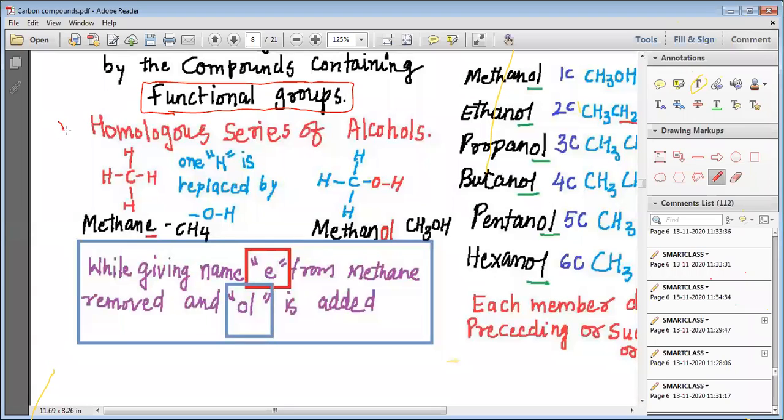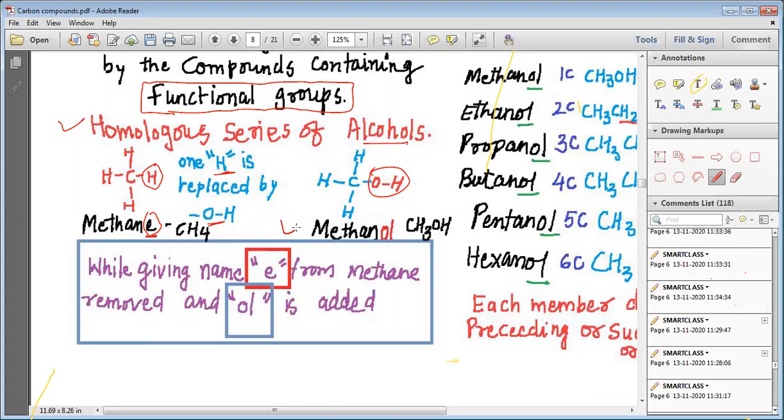First, we should study the homologous series of alcohols. In the homologous series of alcohol, we have methane. In methane, we replace the E, and we replace one of the hydrogens. So one hydrogen is replaced by OH. You can see that instead of H we have written OH.